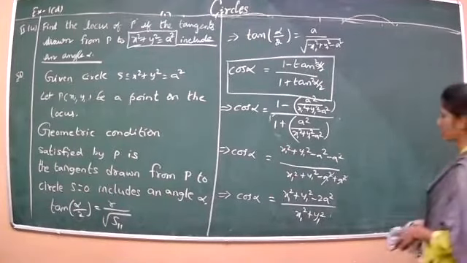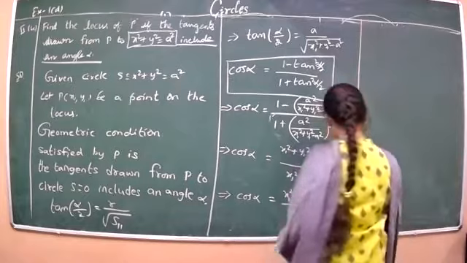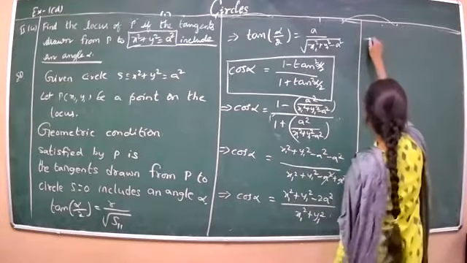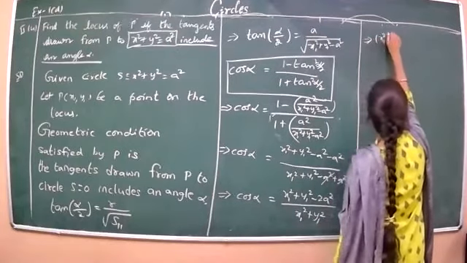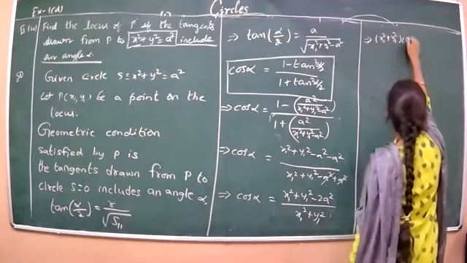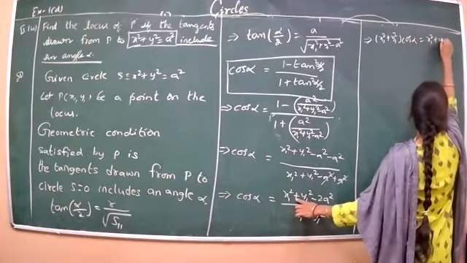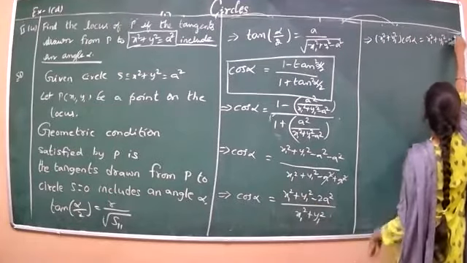Now, let us cross multiply. The denominator x1 square plus y1 square multiplied with cos alpha will get x1 square plus y1 square into cos alpha is equal to x1 square plus y1 square minus 2a square.